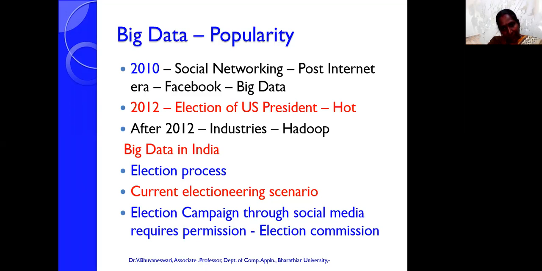At that time, in US electioning, Barack Obama and his team used big data as a technology to identify the likes of people about his campaign: where people responded positively, where people responded negatively, and how they expressed their opinions.